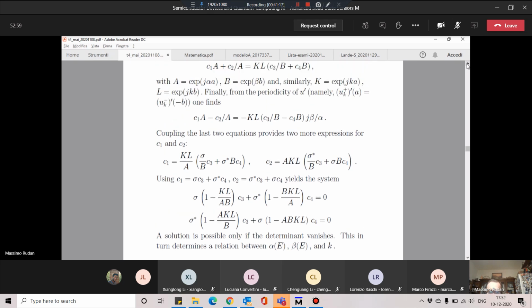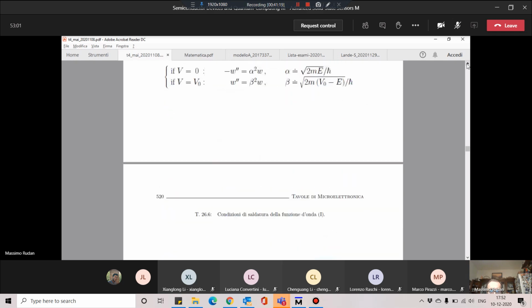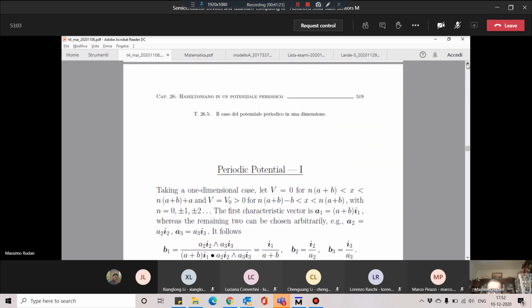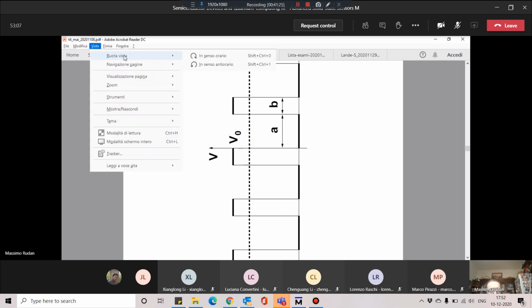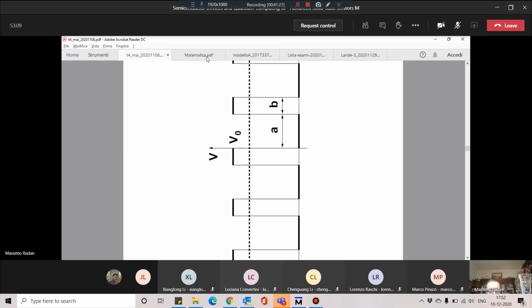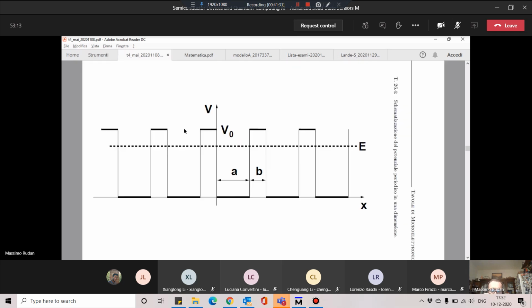What we do, I go back to the figure, we consider the solution at x equal to a, okay, of course we consider the solution u plus, okay, because we reach the limit with u plus and we reach point A.